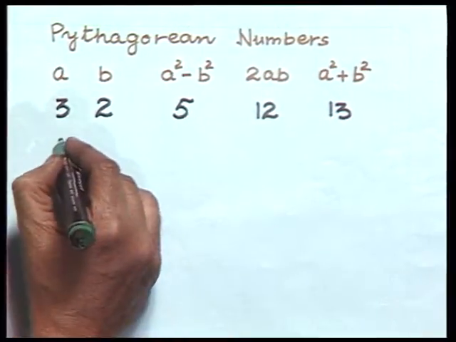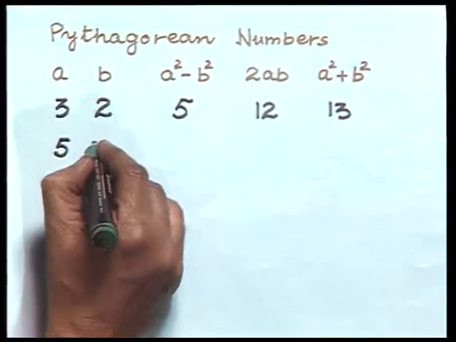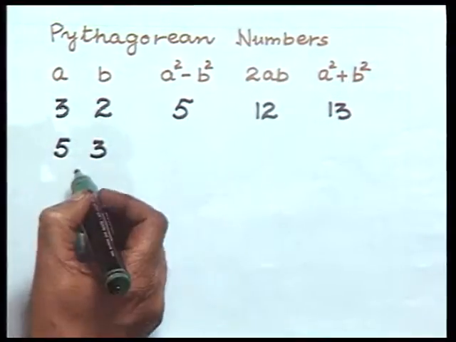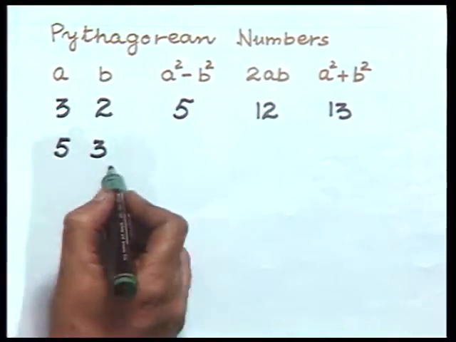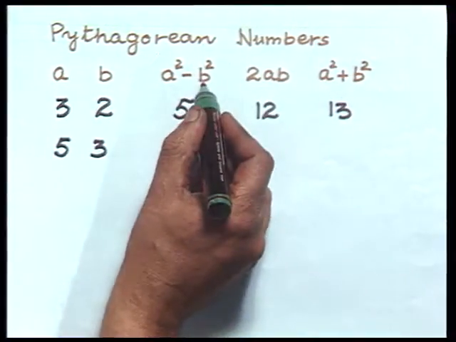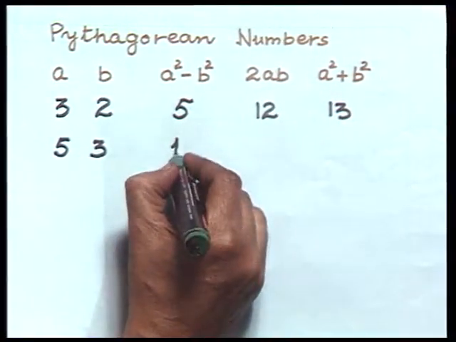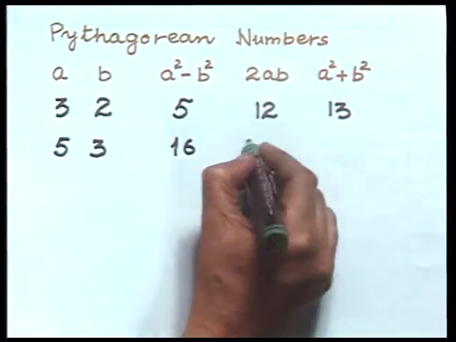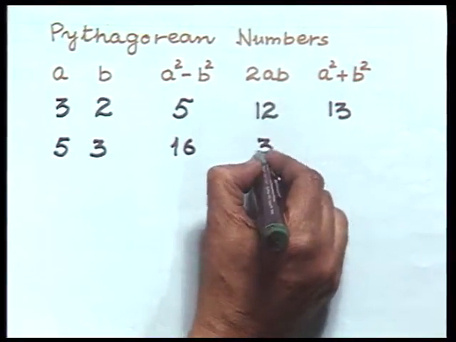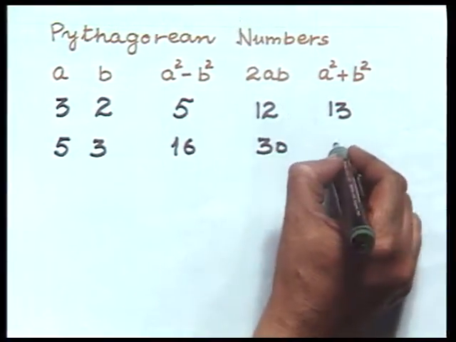Taking a as 5 and b as 3, obviously you can see that 5 is greater than 3, a squared minus b squared works out to be 16, 2ab is 30, and a squared plus b squared is 34.